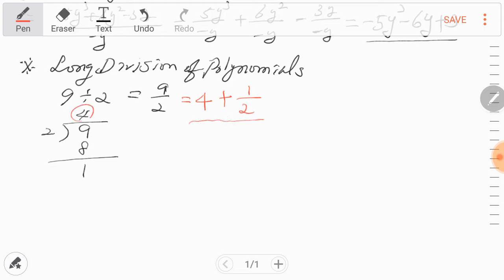So 4 is the quotient, 2 is the divisor, 1 is the remainder, and this is the dividend.